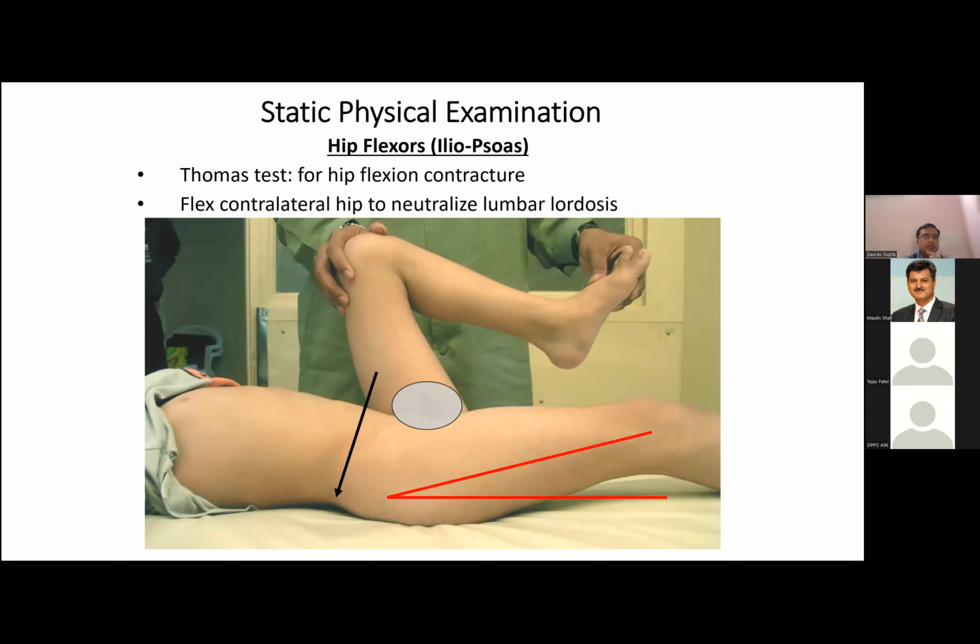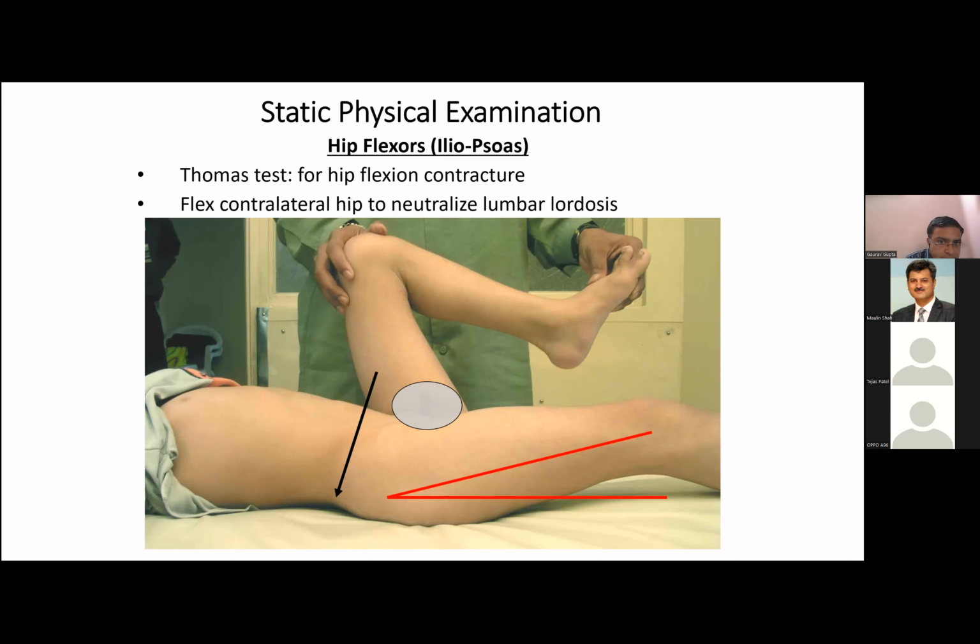After this, we assess the specific joints. So for hip flexors or the iliopsoas muscle, we do the Thomas test, where one hip and knee is flexed to stabilize the pelvis, and then the hip range, the angle of the hip flexion is measured from the couch, and that tells us how much hip flexion contracture the child has.